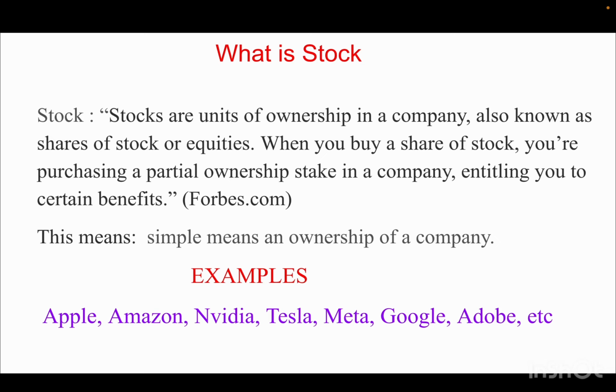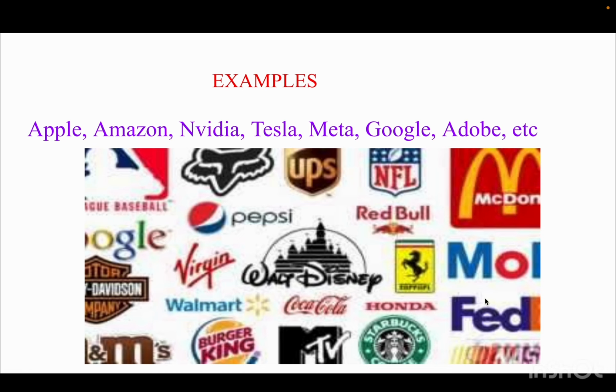They'll pay you, and there are other benefits. So that is stock, and these are some examples of companies that you might use, your friends use, your family members use, and you see them everywhere.